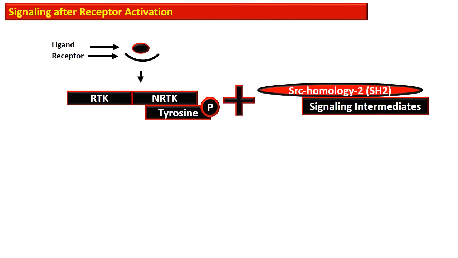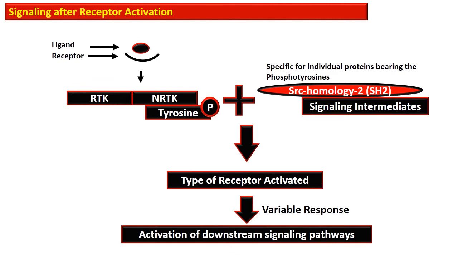Due to the binding and recognition of the phosphorylated tyrosine with SH2, there is activation of the downstream pathway, and the response is variable depending on the type of receptor that is activated. This SH2 is specific for the individual protein that is bearing the phosphotyrosines.